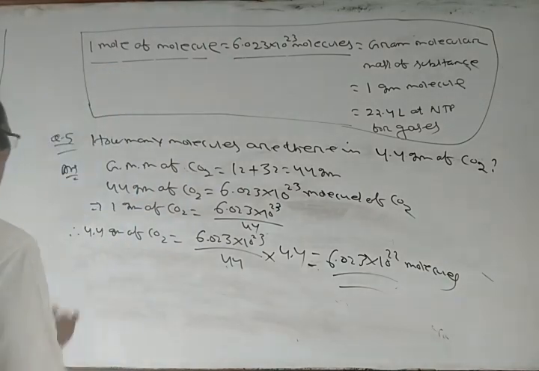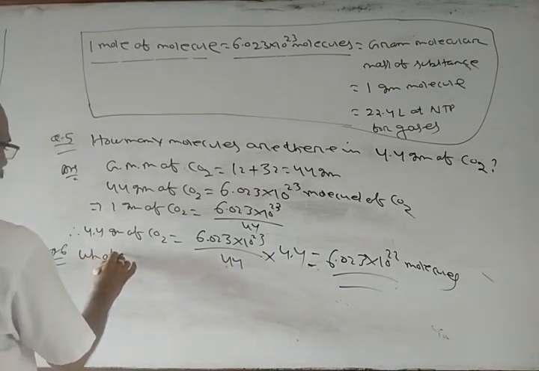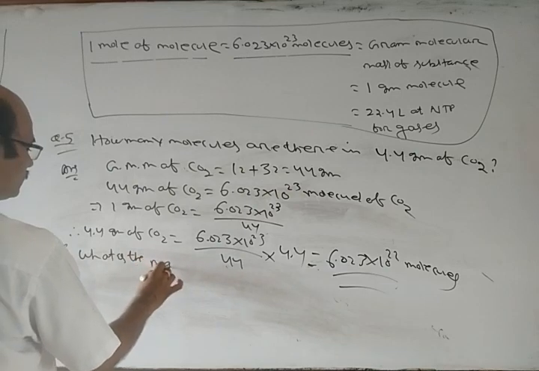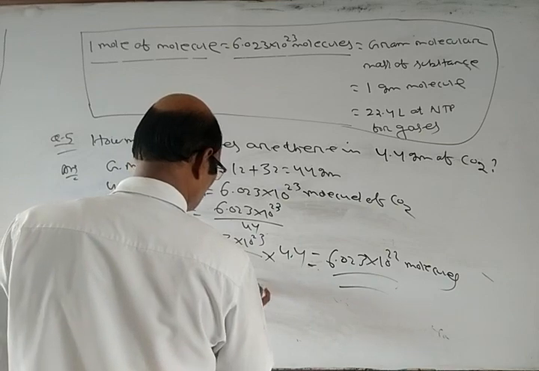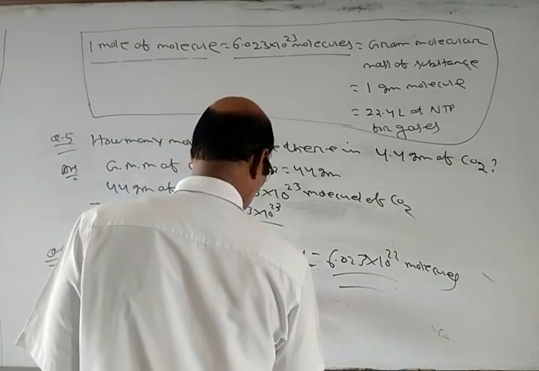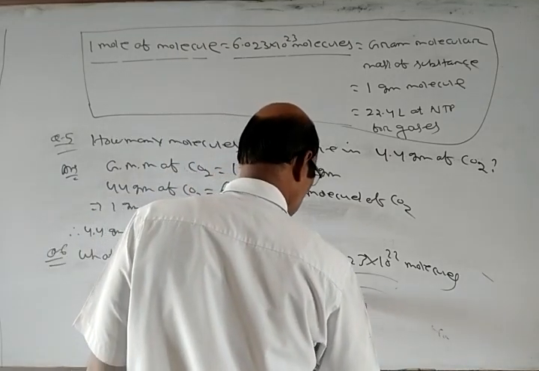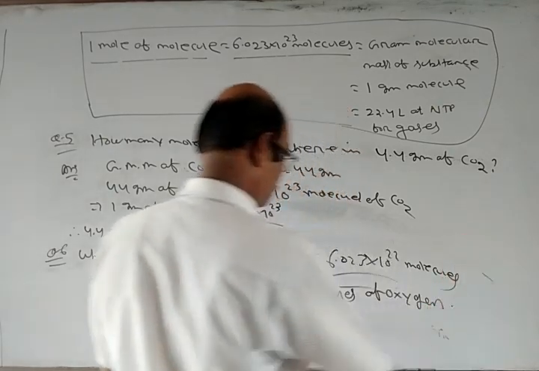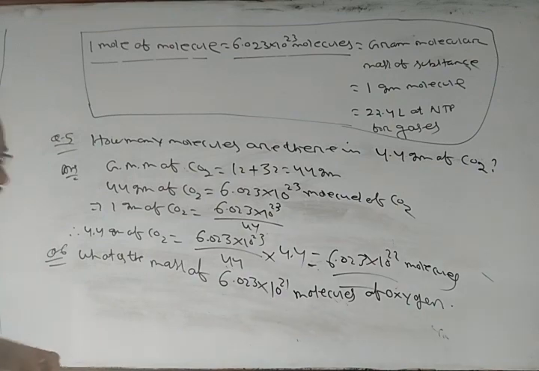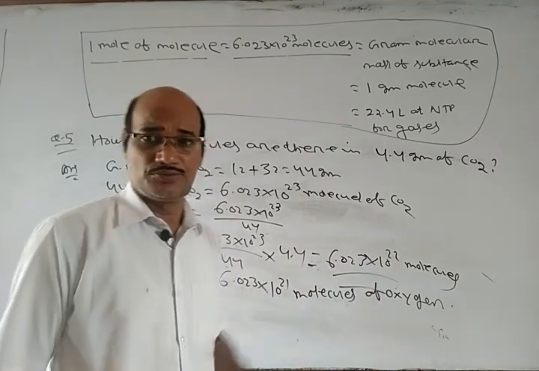Okay, finally question number 6 I can take. What is the mass of 6.023 into 10 power 21 molecules of oxygen?